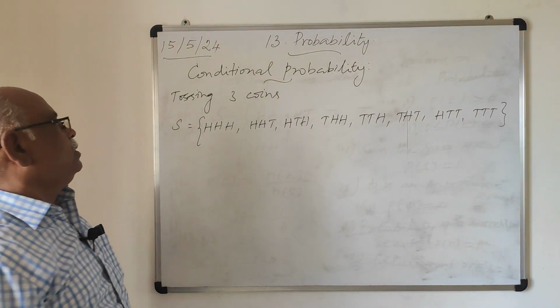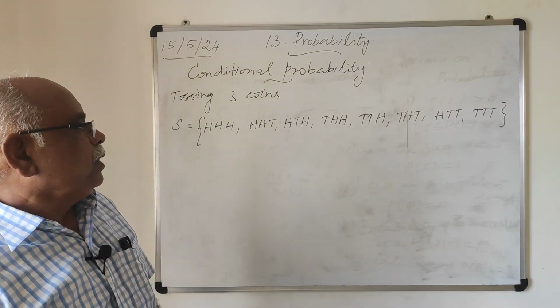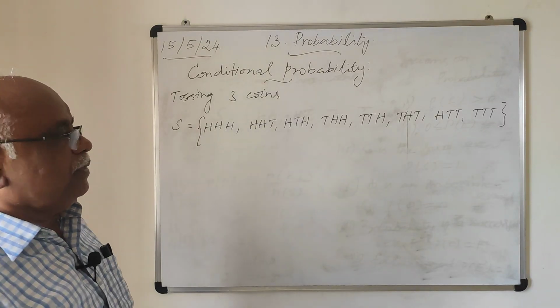There are 8 outcomes in the sample space on tossing 3 coins. So these 8 outcomes constitute the sample space.